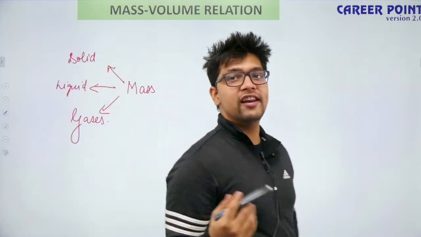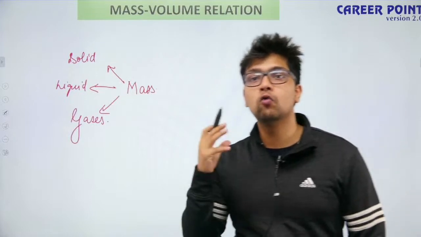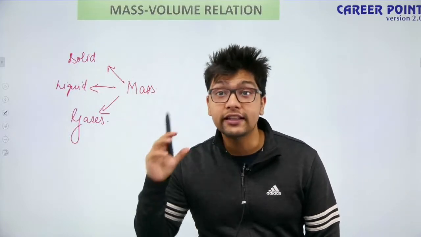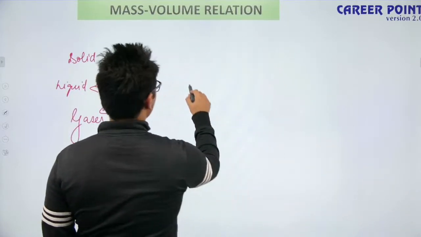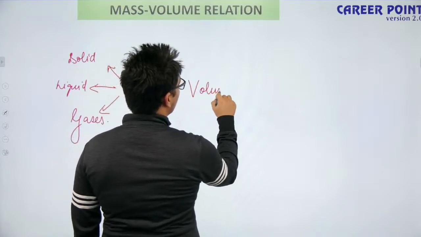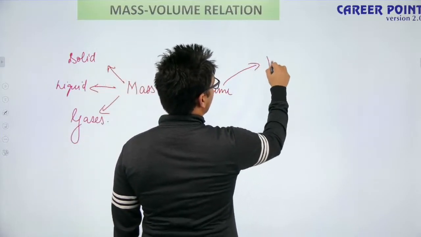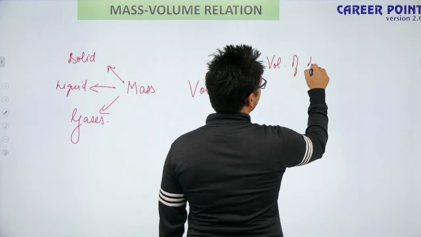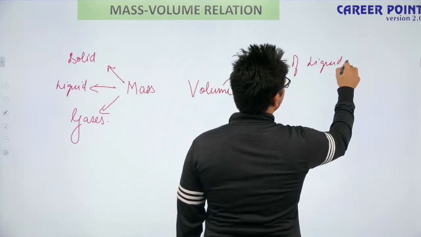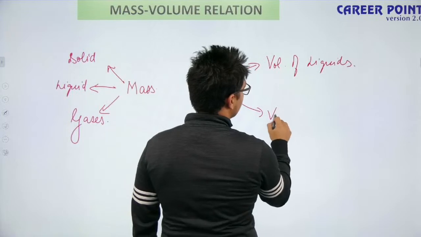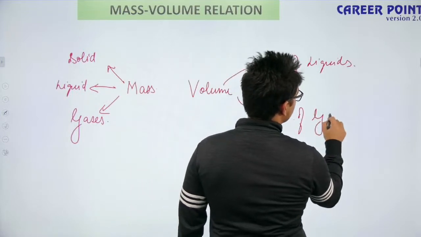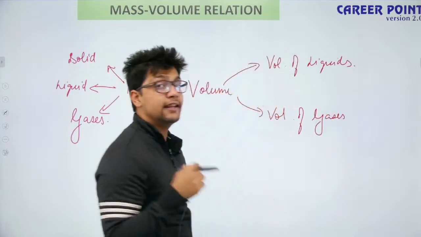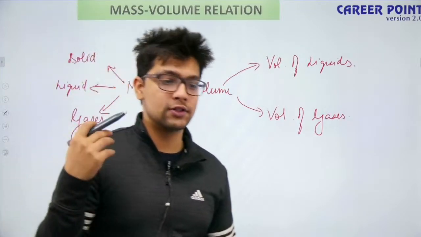Whereas whenever we talk about volume, and especially in chemistry, we calculate the volume of liquids first of all, and secondly the volume of gases. So in case of volume, we generally tend to ignore the volume of solids.